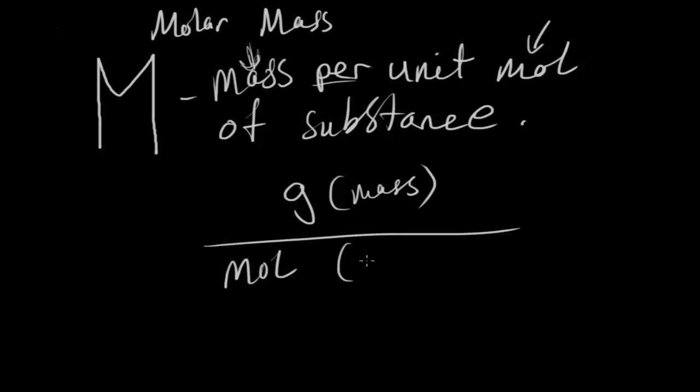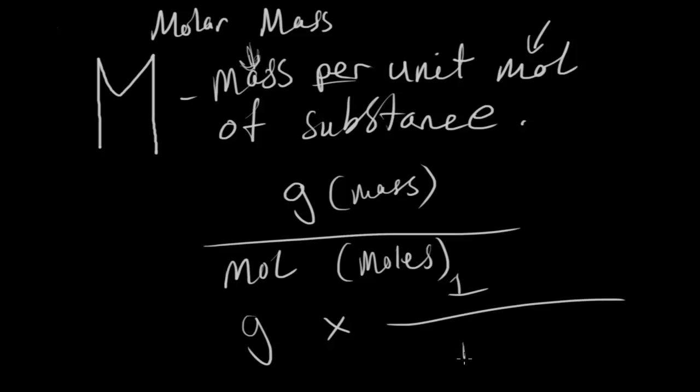Because of indices rules, we can represent this as grams multiplied by 1 over mole, 1 over the unit mole.